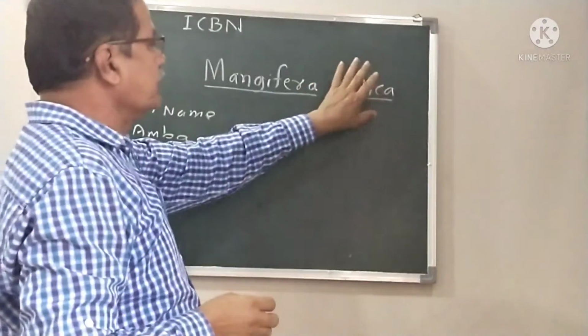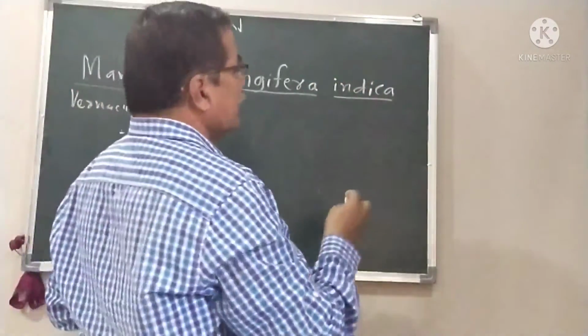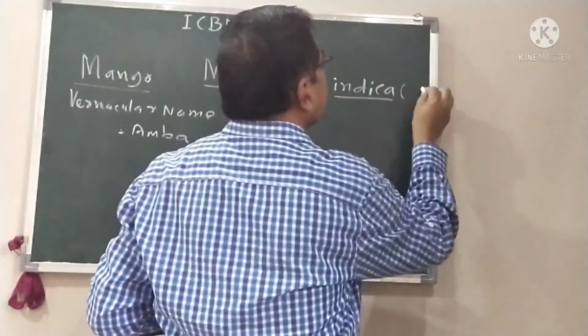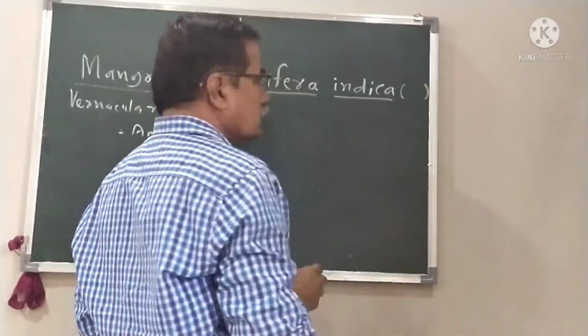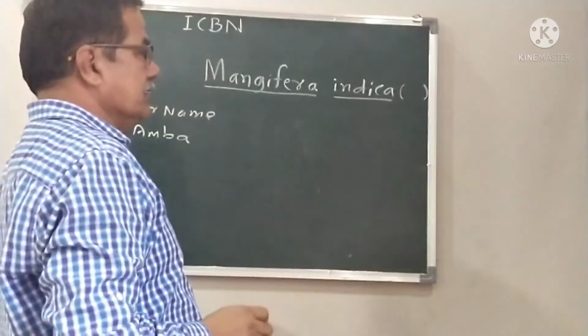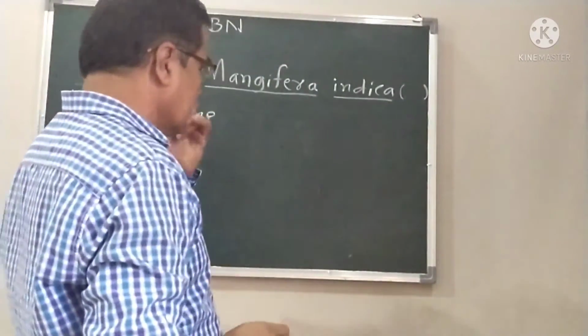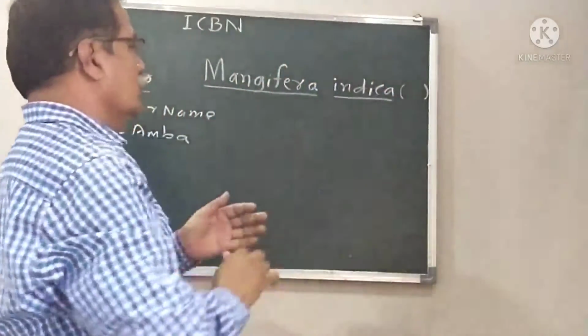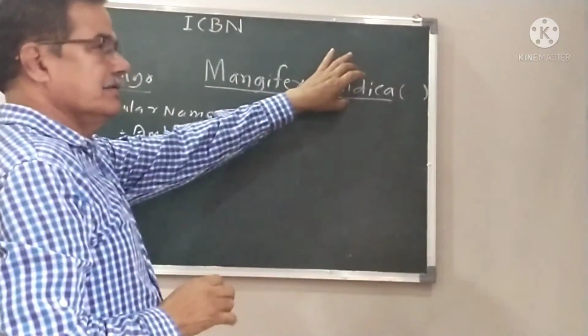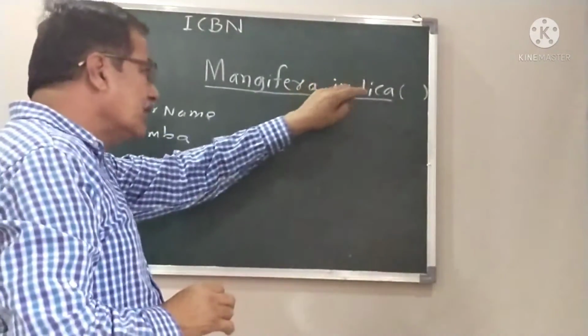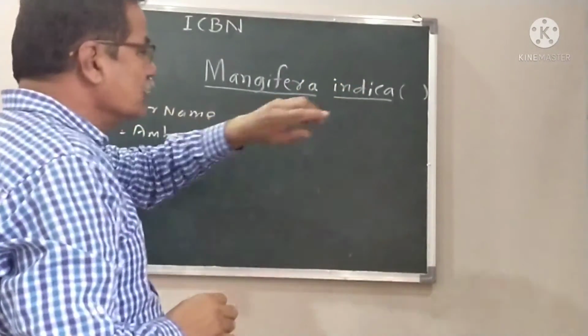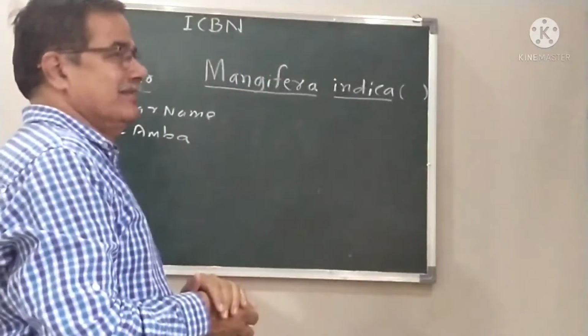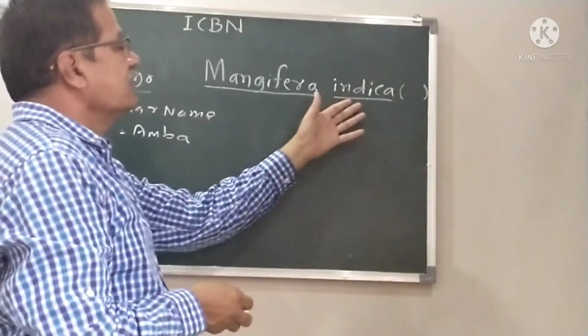And in front of this species, in brackets, the short abbreviation is given. First, who identified it? First, who gave the name? That is known as the authority.